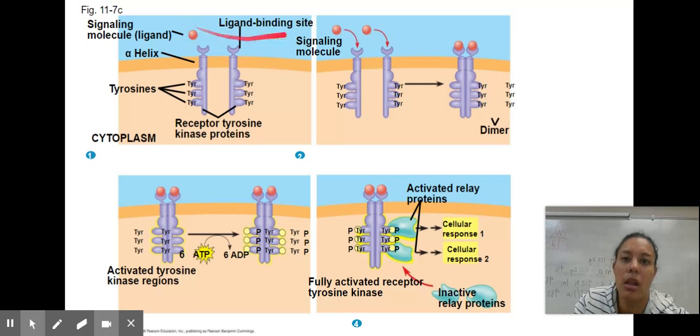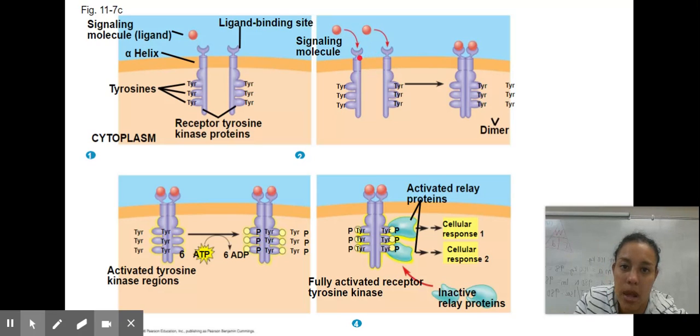Here are our signaling molecules or ligands, these circles, right? We can see that there are binding sites or active sites on our receptor molecules, and these are specifically receptor tyrosine kinases. We know they're tyrosines because they're labeled with the TYR for the tyrosine portion.